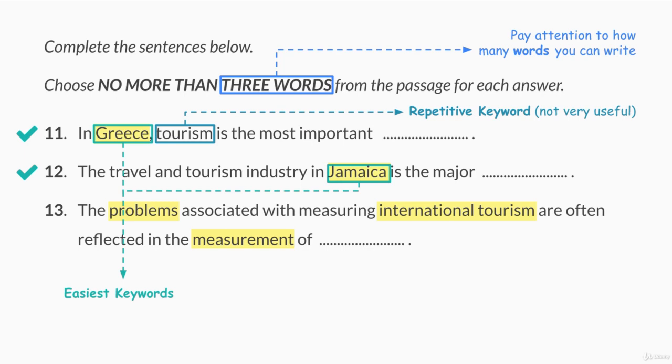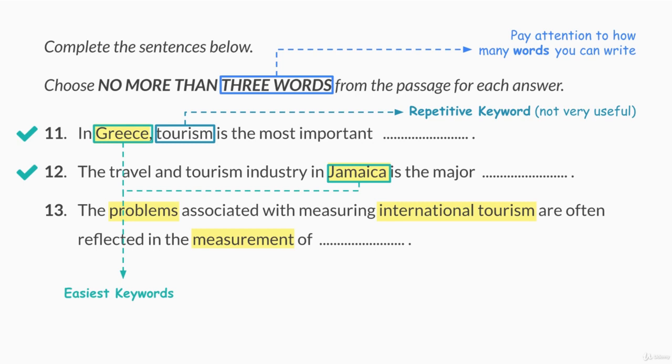So if the whole passage is about tourism, then the word tourism is going to appear in multiple questions. For example, the word tourism appears here, it also appears down here, and it also appears here. So that doesn't really help us because the word tourism is appearing in each and every question. It's a repetitive keyword. It appears throughout the reading passage. So for that reason, it's not very useful.